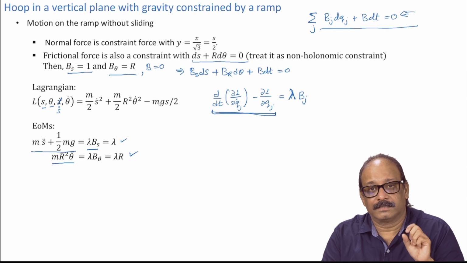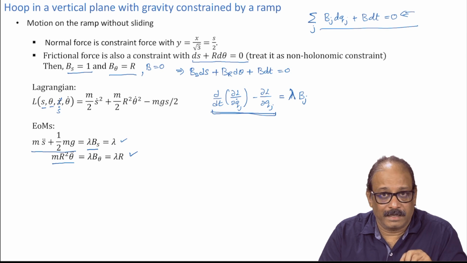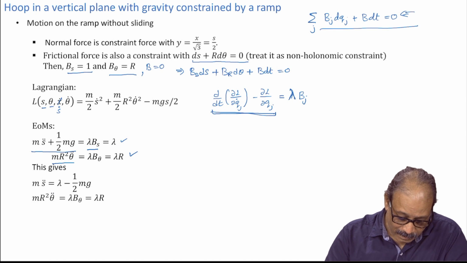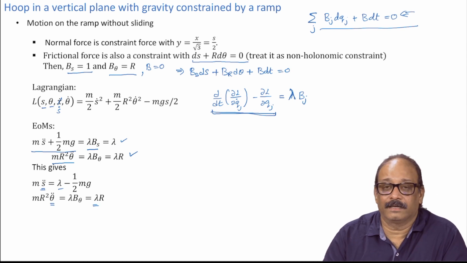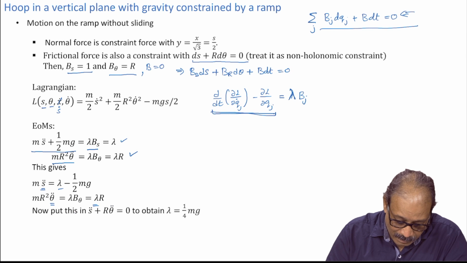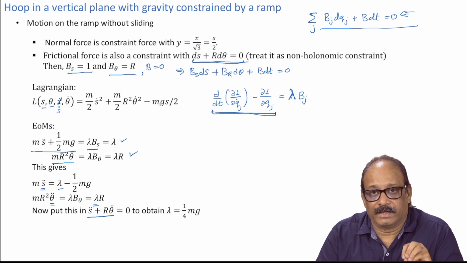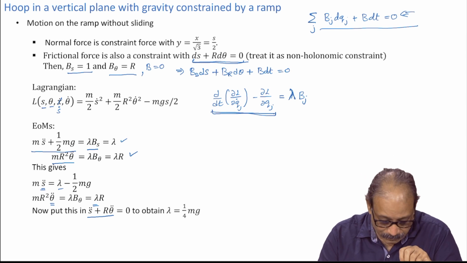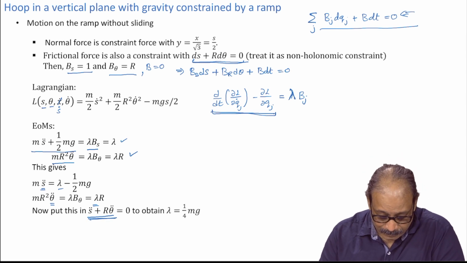Okay. So, these are the two equations you get, and we must solve them. Because lambda is unknown, we need a third equation. What is the third equation? I will first calculate s double dot in terms of lambda, and theta double dot in terms of lambda. The third equation we need for determining lambda comes from the constraint equation. If I divide it by dt and take one more derivative, I get s double dot plus r theta double dot must be equal to 0.